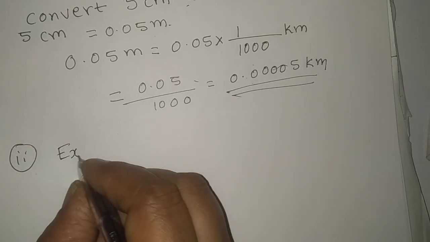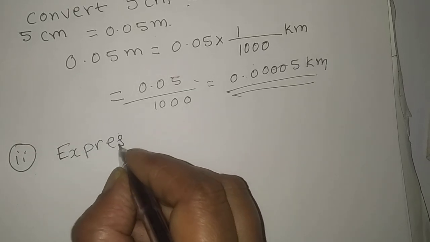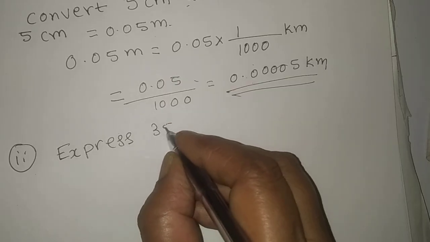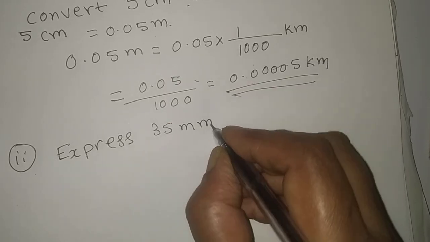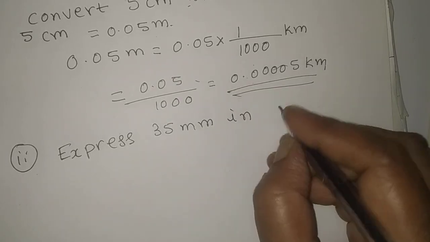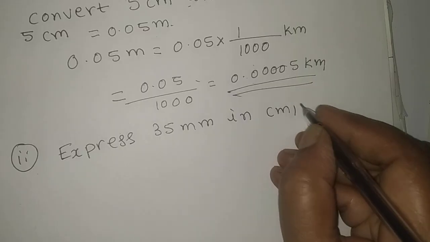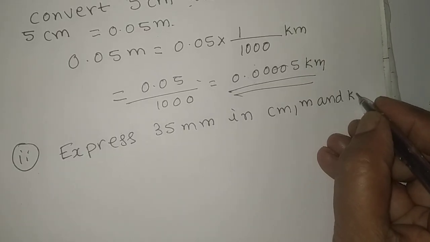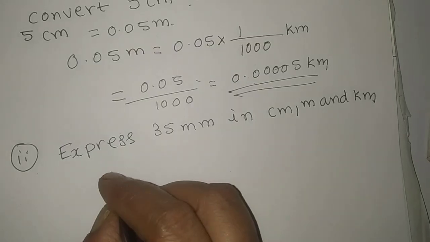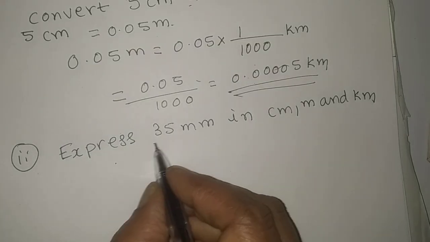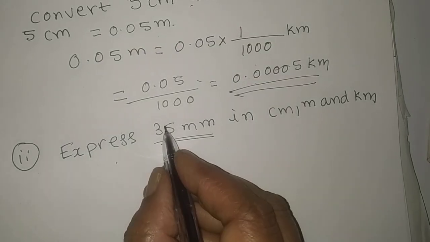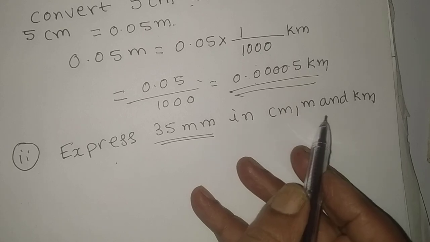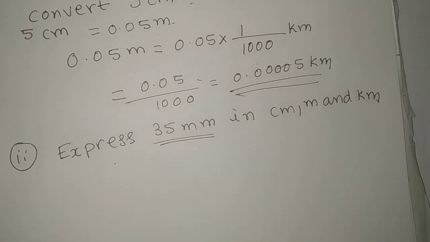That is, express 35 millimeters in centimeter, meter and kilometer. Therefore, expressing 35 millimeters in centimeter, meter and kilometer.